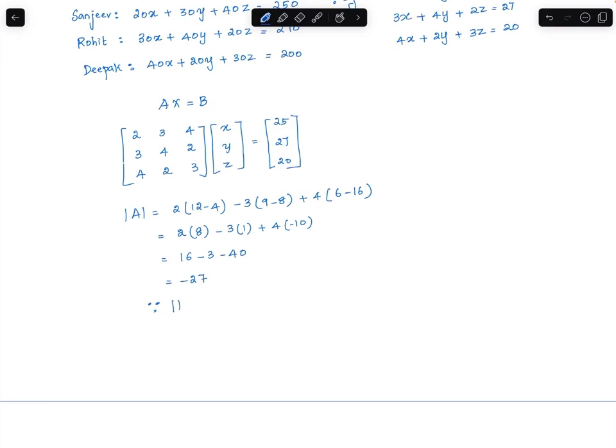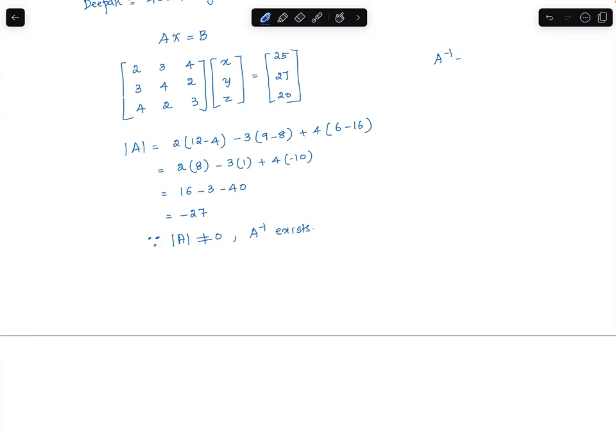Since determinant value of A is not equal to 0, A inverse exists. A inverse is equal to 1 by determinant of A times adjoint matrix of A. So to get the adjoint matrix, let's get the minor, its cofactor and its transpose.